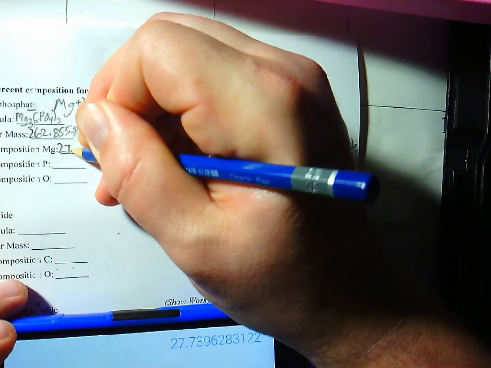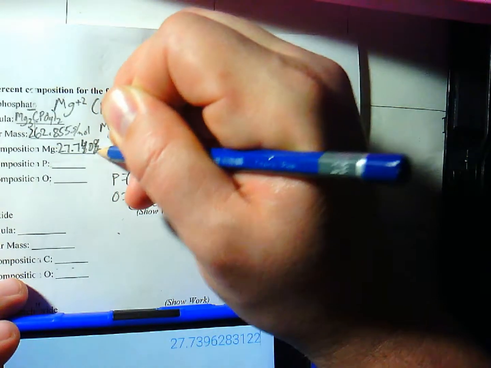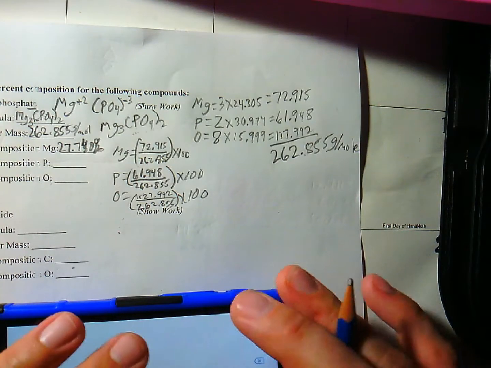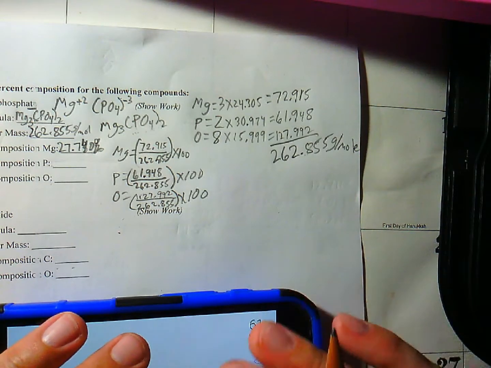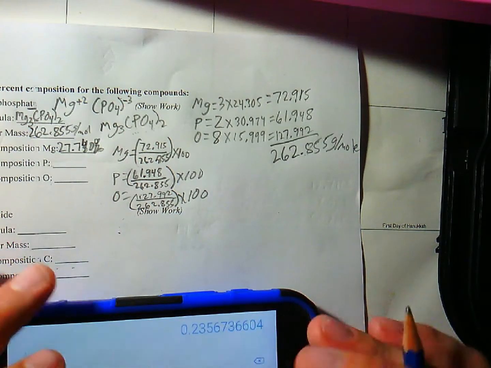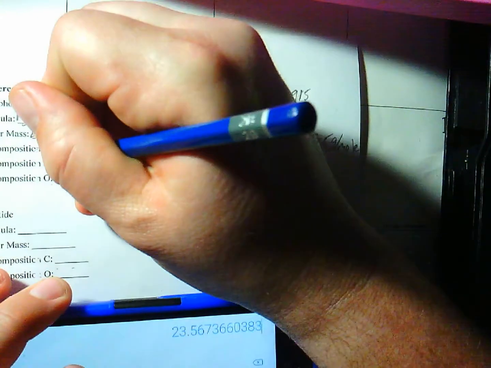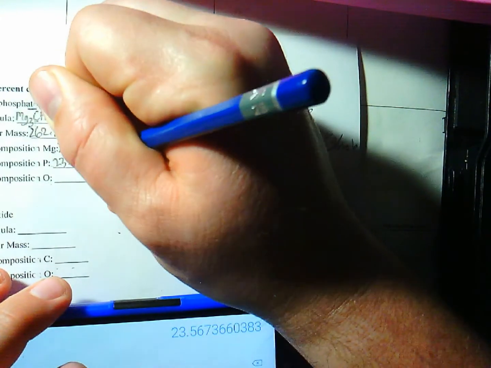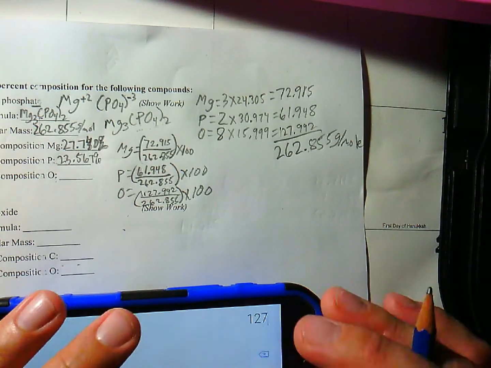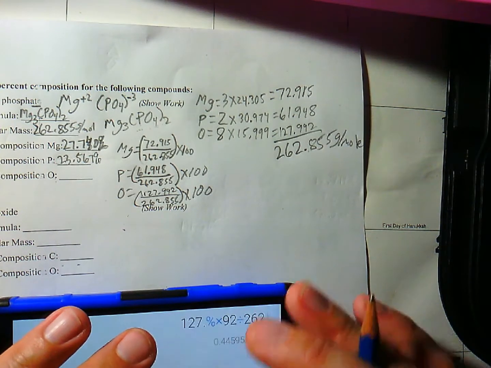So this will be 27.740, oh, percent, 27.740%. Sorry about that. 61.948. And then lastly, oxygen, 127.992 by 262.855.